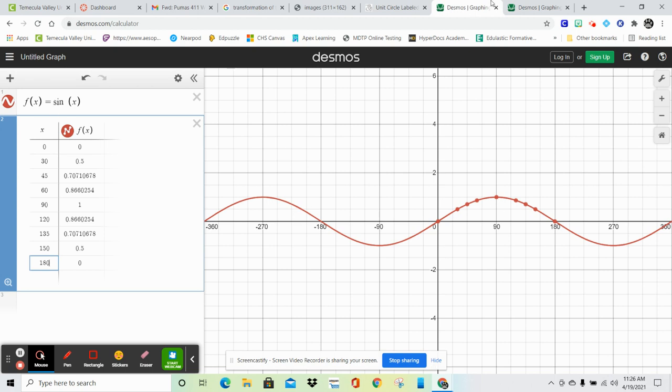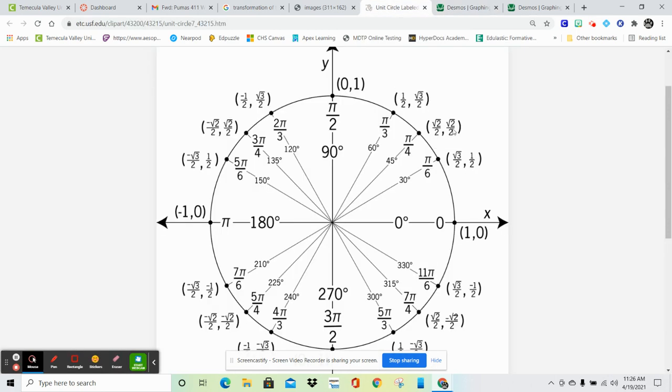And so when I'm looking at the unit circle, some of these numbers aren't very helpful. I mean, rad 2 over 2 is not very helpful. It's your 0.7 decimal. Rad 3 over 2 is your 0.86 decimal. But at 0, 90 degrees, 180, 270, those are helpful numbers. Those are nice, easy integers.